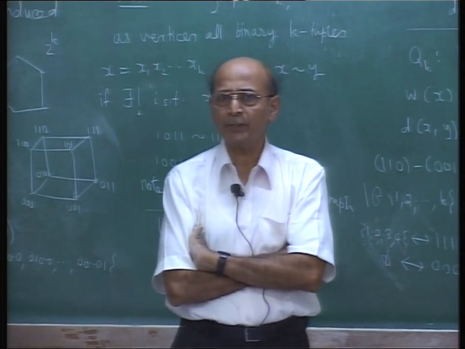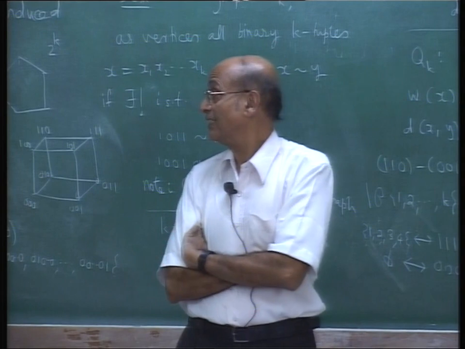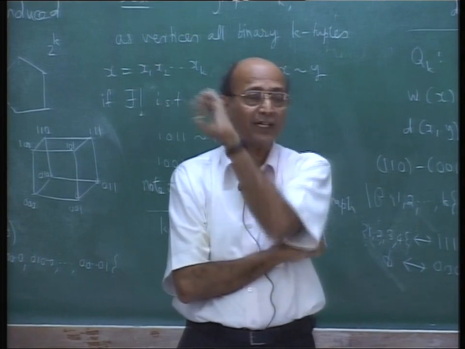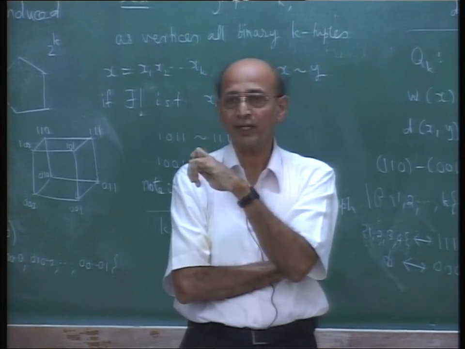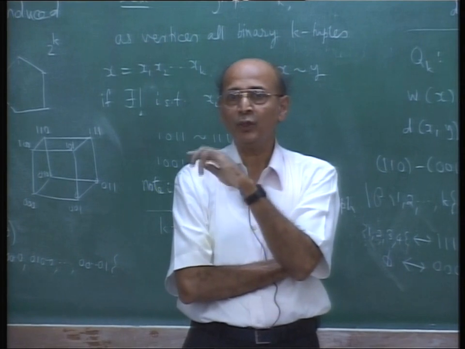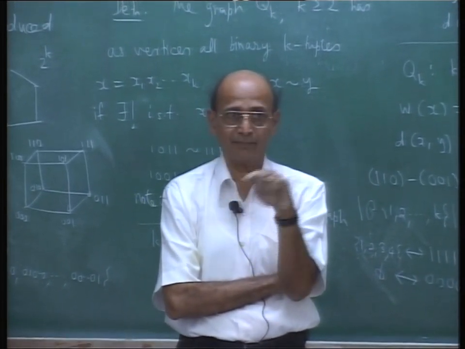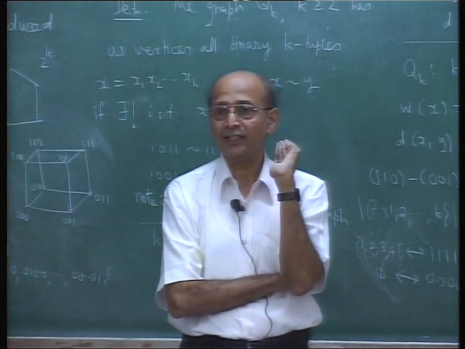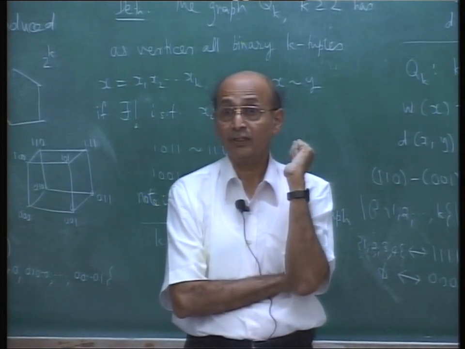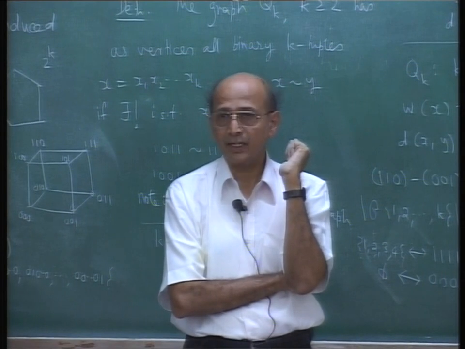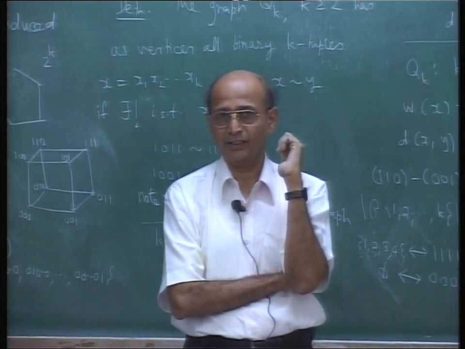Okay, next time we will begin with a similar theorem of this kind. This is a very famous theorem called Turan's theorem. You want to have a simple graph in which there are no triangles at all, and you want the largest possible number of edges.